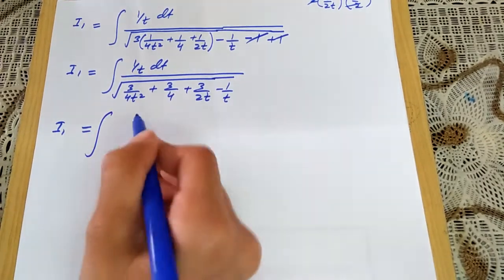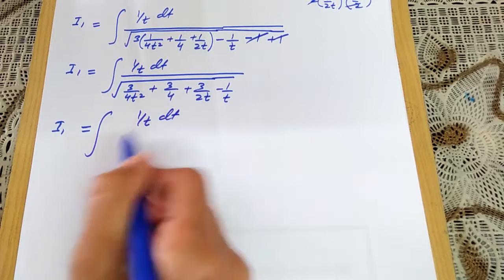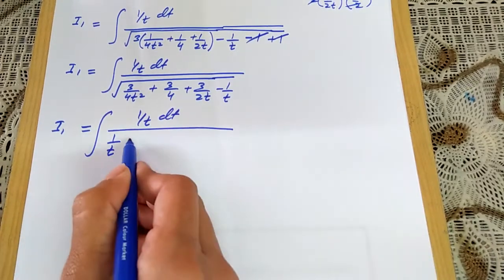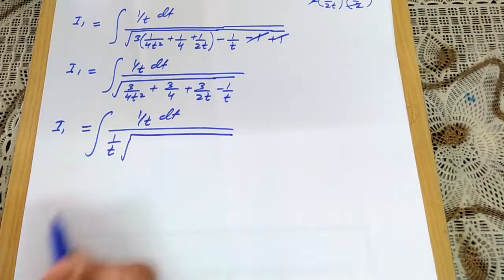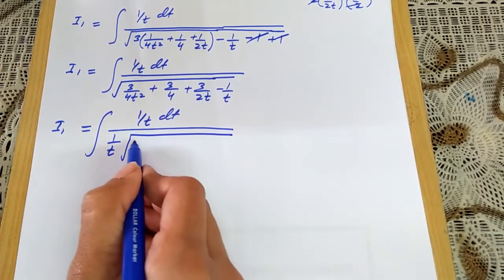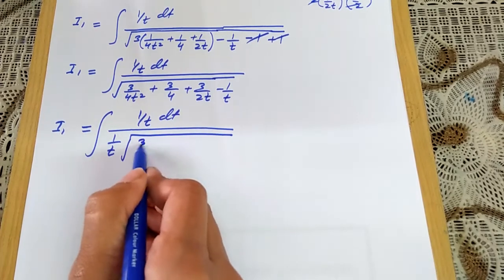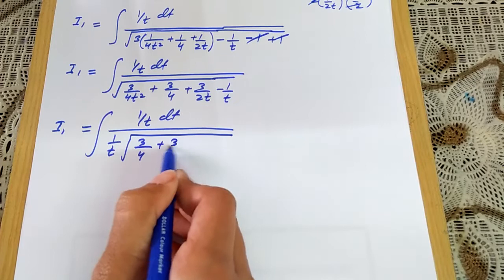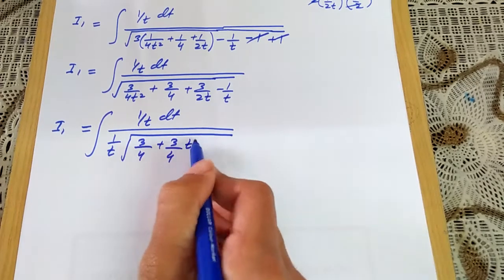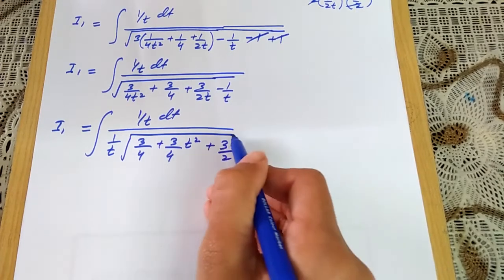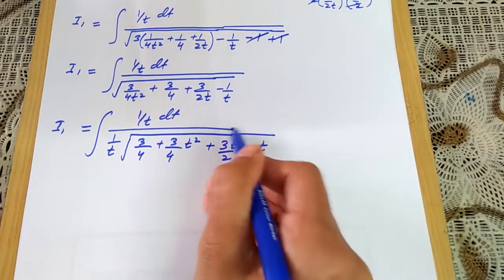When 1 over t² is taken common out of this under root, it comes outside as 1 over t. Inside, I will be left with 3 over 4 plus 3 over 4t² plus 3t over 2, and here I will get minus t like this.